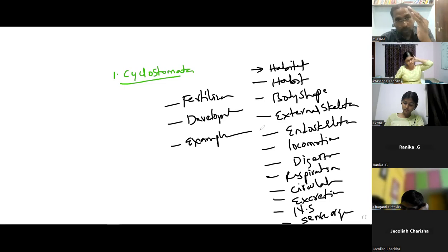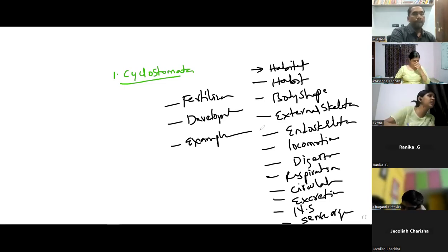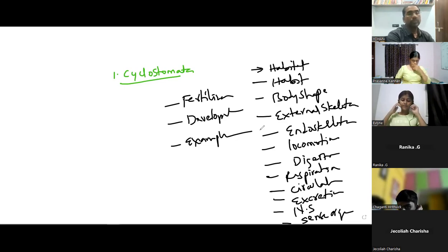And we'll go through all these phyla according to the sequence. Habitat, habit, body shape, external skeleton, internal skeleton, locomotion, digestion, respiration, circulation, excretion, nervous system, sense organs, fertilization, development, example.